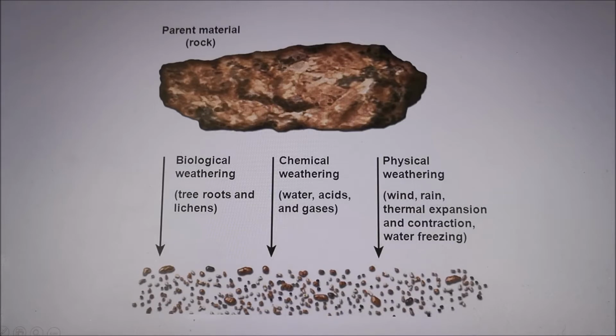Those sediments are usually washed by a process of erosion. So after the weathering happens, the breaking down, the moving of those sediments is called erosion. That's usually to do with water, but can also be wind, and other ways, but mostly due to water action.